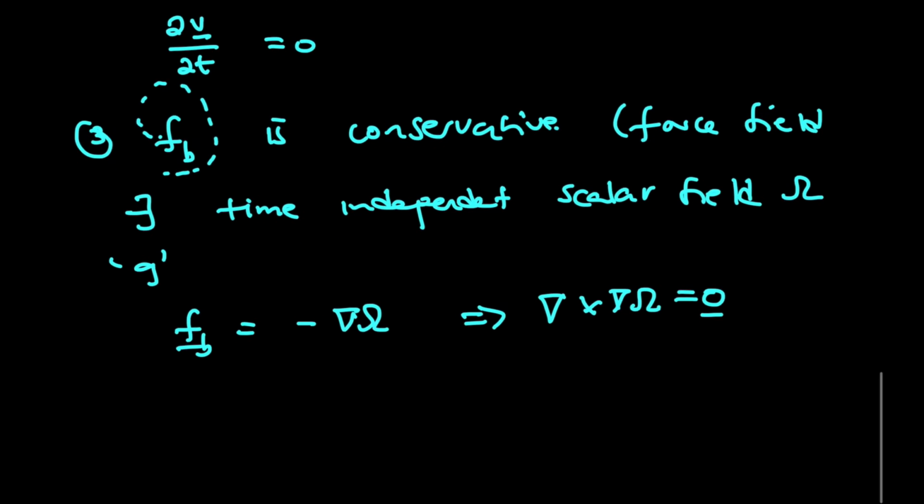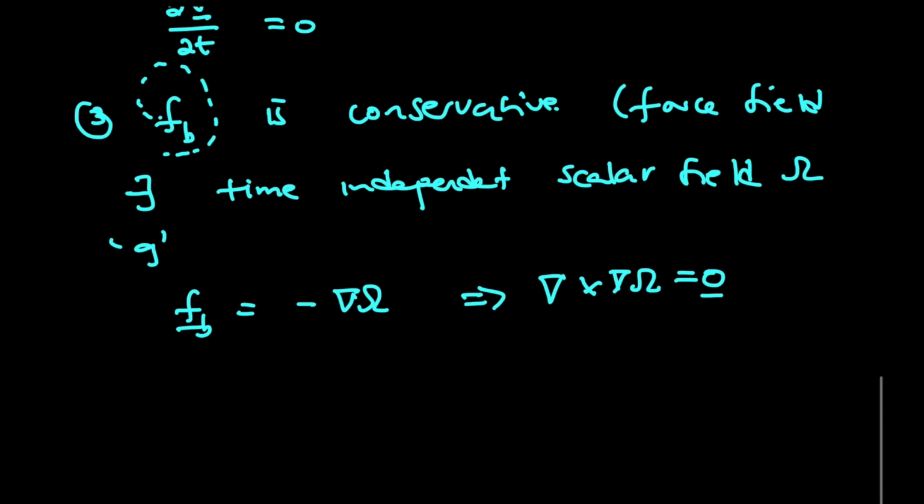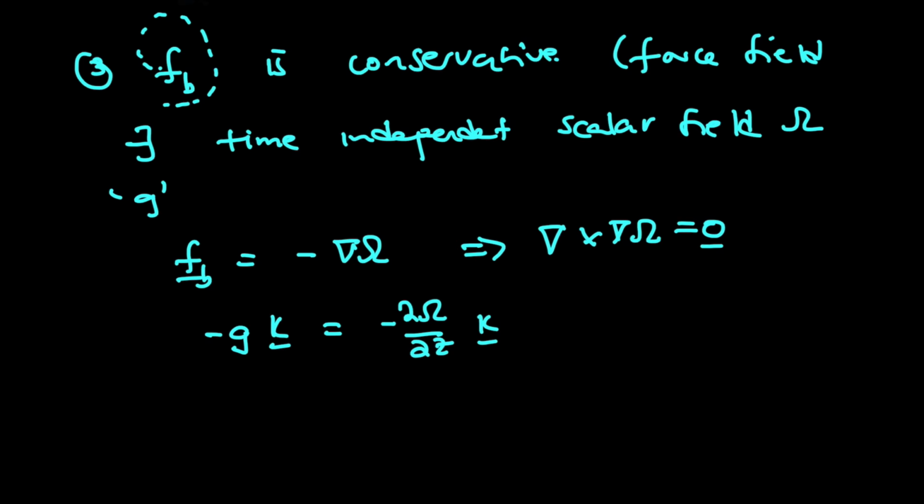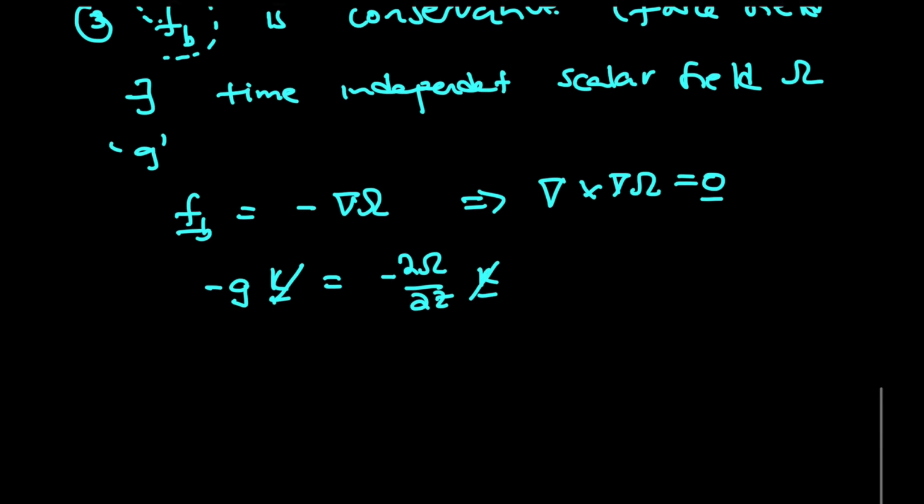And obviously if we equate the z components of this result, the ones that don't equal 0, we are going to get the partial derivative in terms of z. Obviously here we can just divide and also drop the negative. So we're going to get g equals the partial derivative of omega in terms of z.